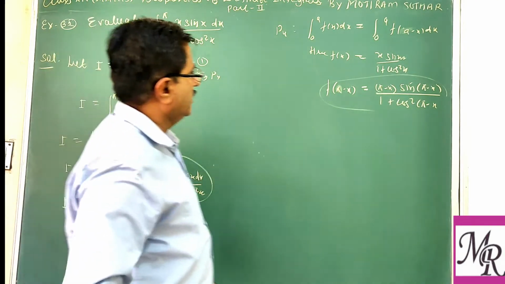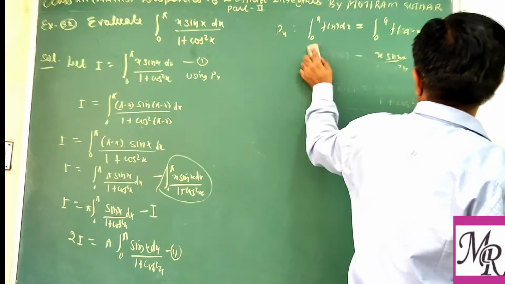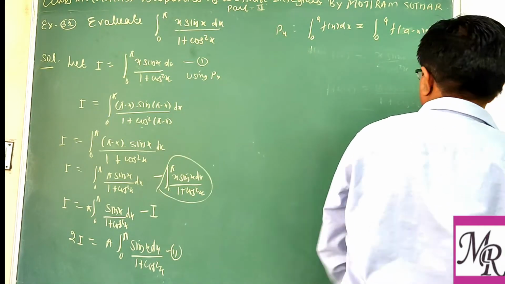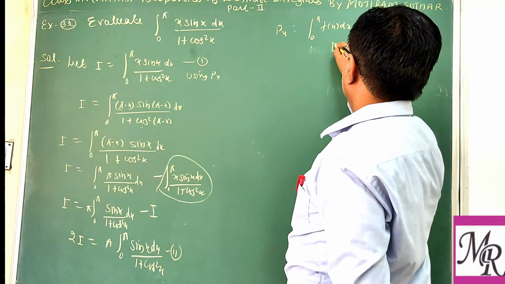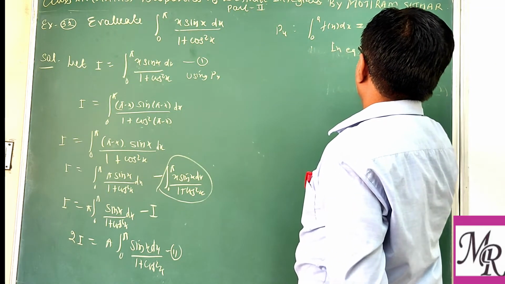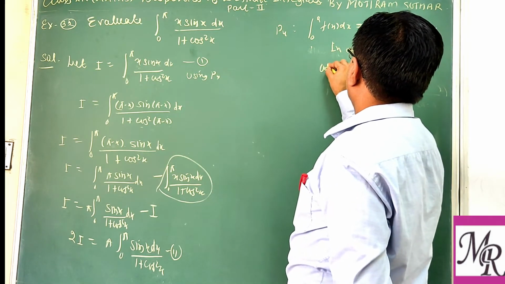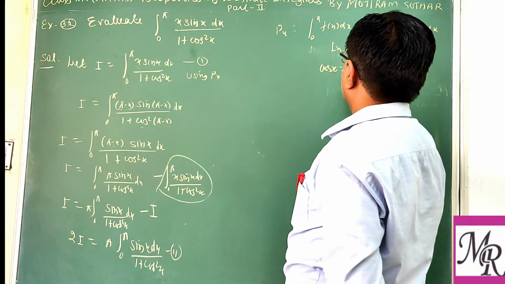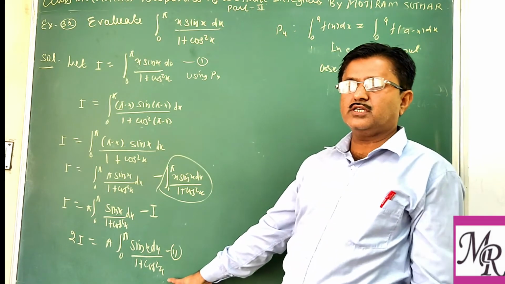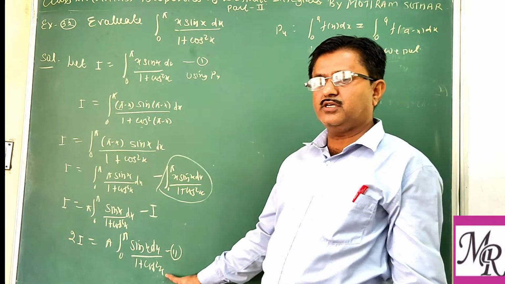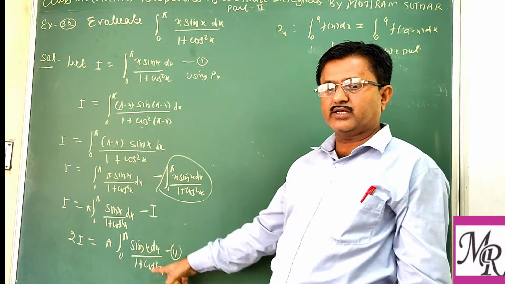So here in equation 2 we put cos x as t. Why do we take cos x as t? Because its derivative is sin x.